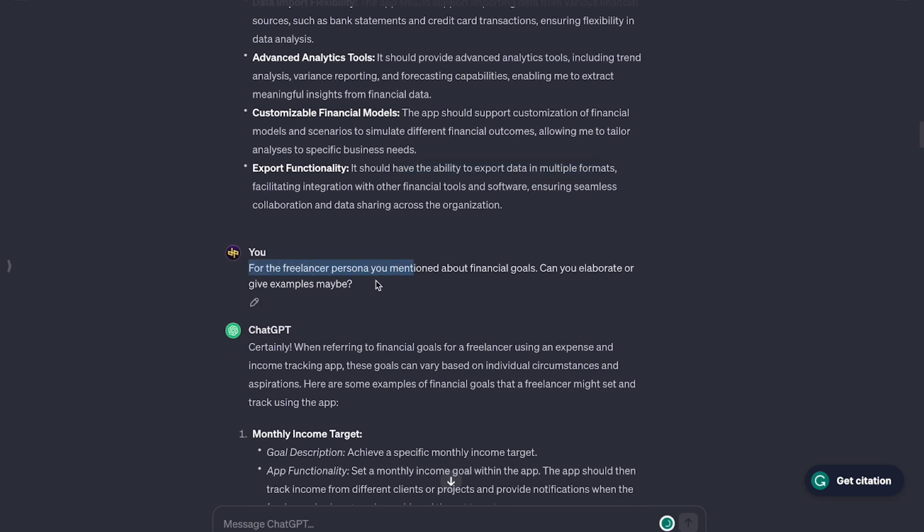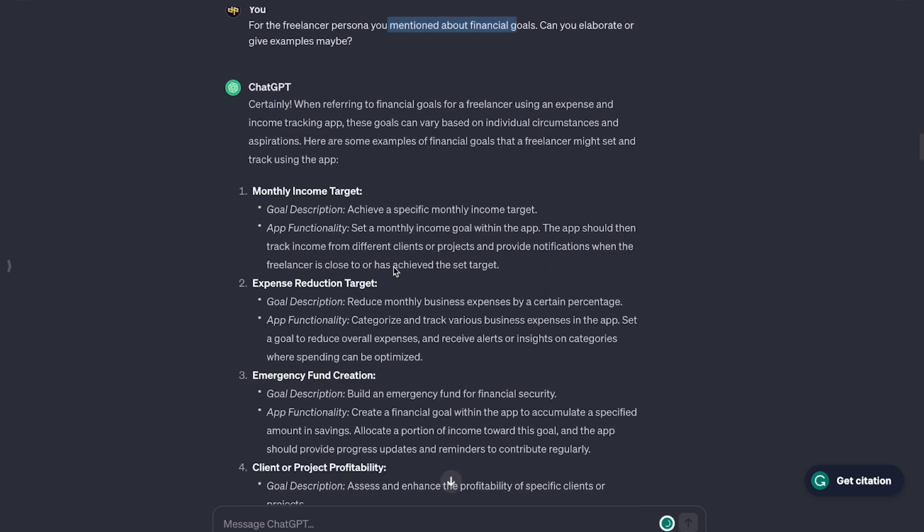Now, the next question I asked was, for a freelancer persona, you mentioned financial goals. Can you elaborate on that, right? So what would be the financial goal? So here is hitting a monthly income target. All right. So this again is for a very niche percentage, and this sort of comes under the concept of budgeting and analysis, and it's a very specific thing. And most of the people who might be using this app probably have a single, regular source of income.